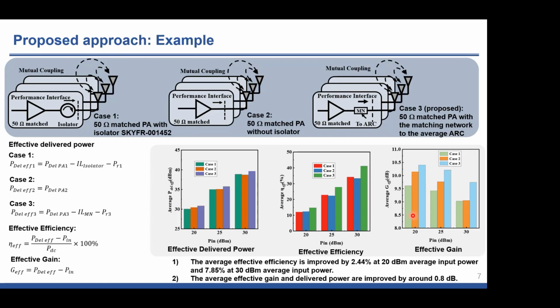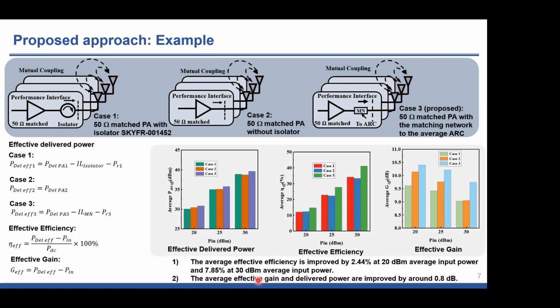So with this comparison, we get two observations. The first one, to be more specific, the average effective efficiency is improved by around 2.5% at 20 dBm and around 7.8% at 30 dBm average input power.